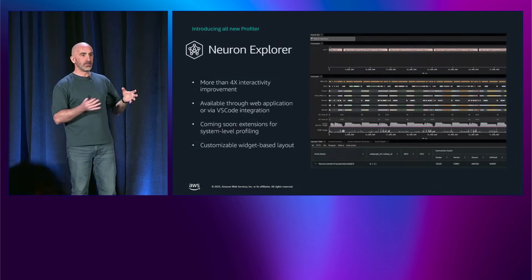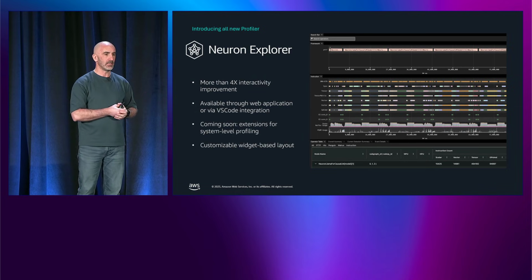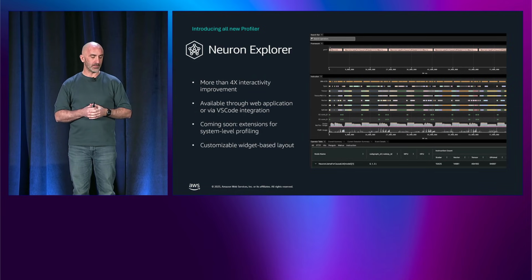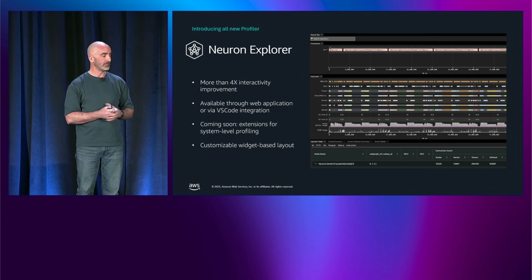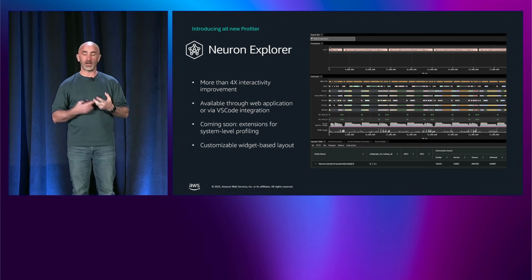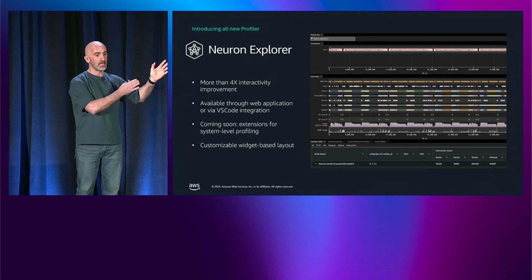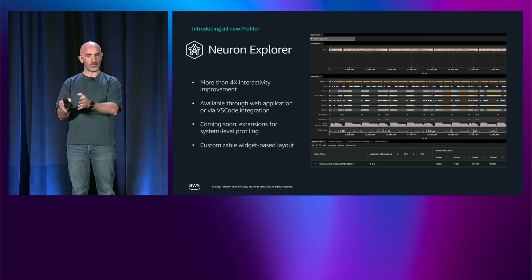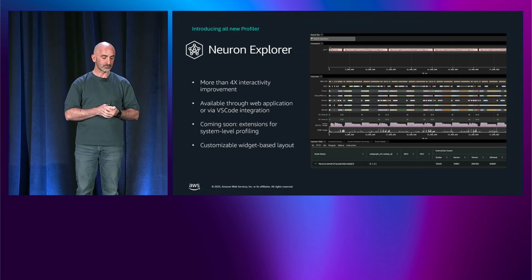So how can you actually know if your model is really performance optimized for AWS Trainium and Inferentia? We've launched this week a new tool called Neuron Explorer. Essentially, this is our new profiler. It provides you different levels of hierarchy, so you can view your model from a high level, layer by layer, module, or operation, right down to the low level instructions running on the hardware.